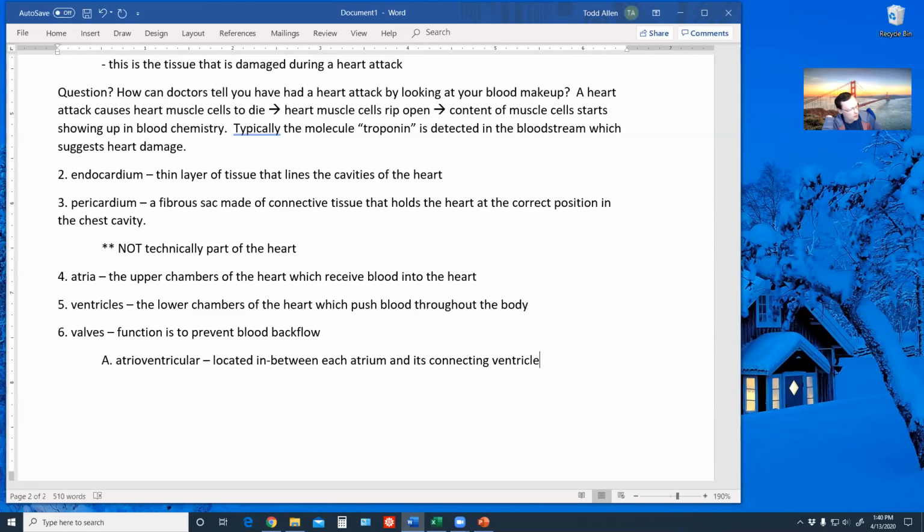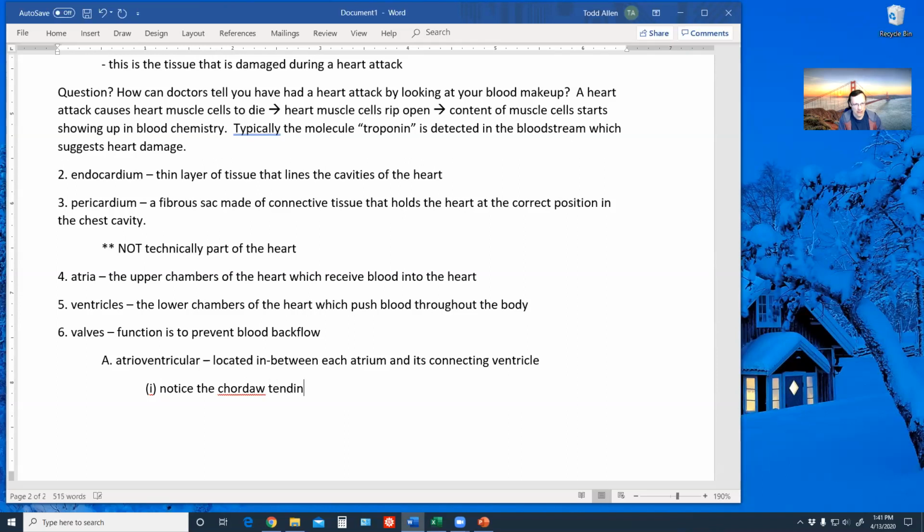Okay, also, this gives me a moment to mention something that you might be interested in. When you look at the atrioventricular valve, either on page 221 or in the drawing on page 220, do you notice that the valves are connected to the wall of the heart by these little thread-like strings called chordae tendineae?